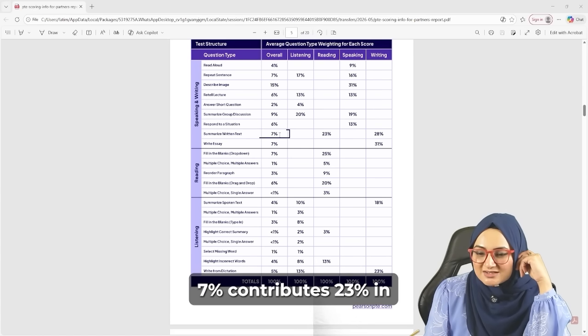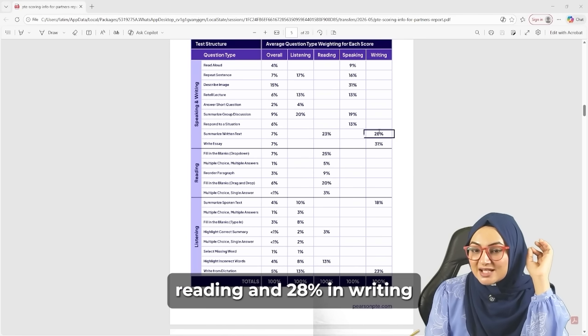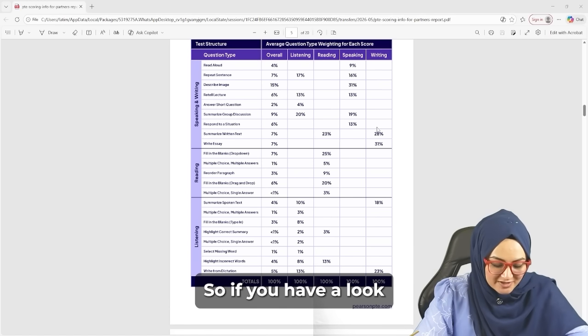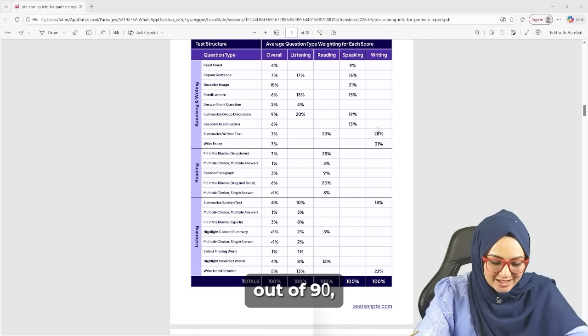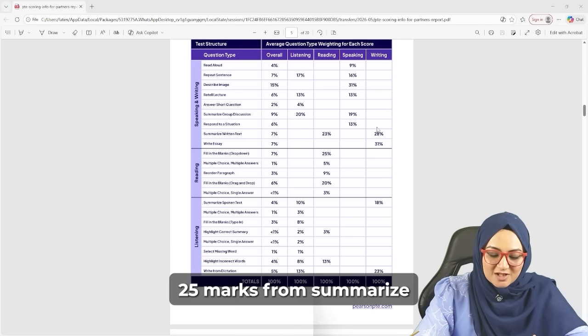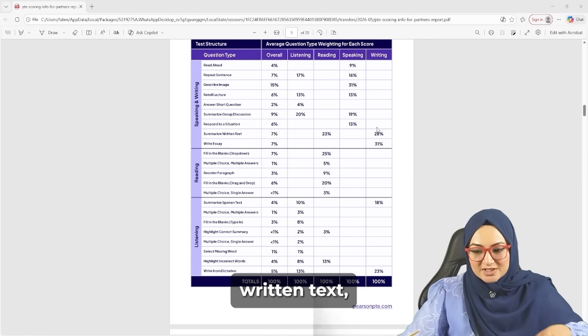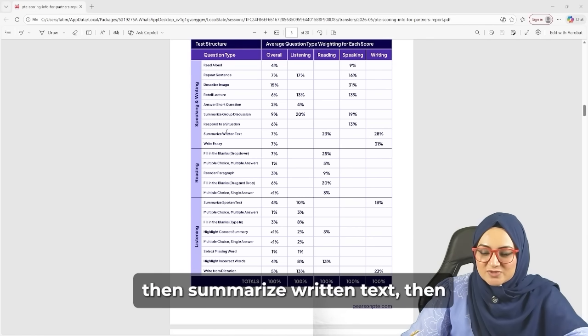Summarize written text, 7%, contributes 23% in reading and 28% in writing. So if you have a look at the writing module, out of 90, you get around 25 marks from summarize written text.